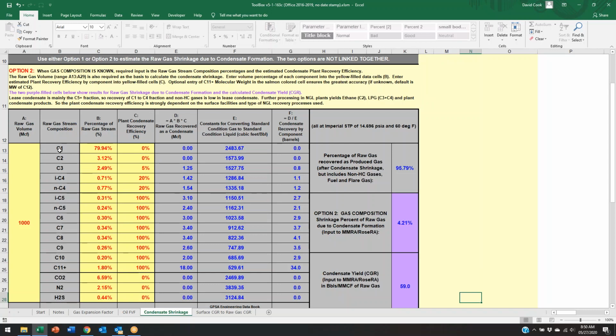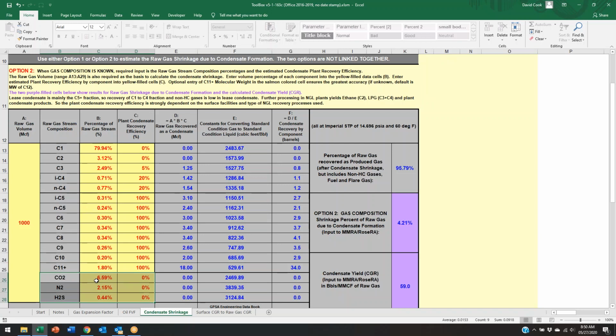In the previous Toolbox, you just captured a percentage of the raw gas stream that was C1 to C4. Now that's been broken out into individual products, and similarly for the non-hydrocarbon gases, there was just a single stream. So you can go in and capture those individually.